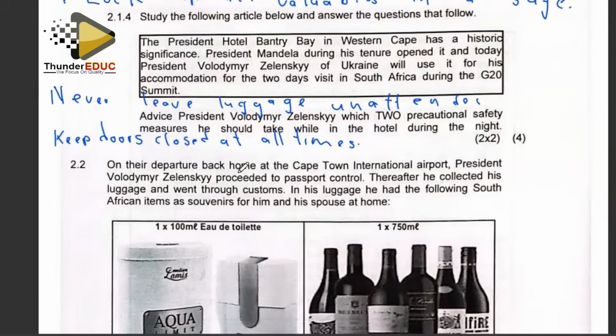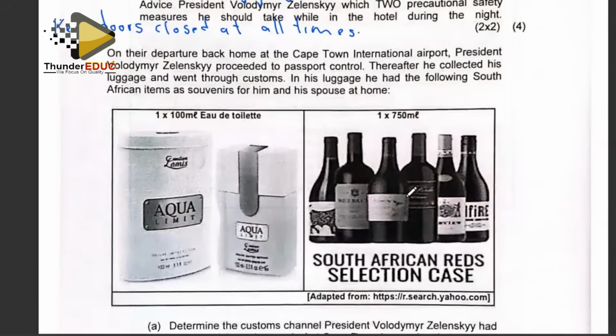On their departure back home at the Cape Town International Airport, President Zelensky proceeded to passport control. Thereafter, he collected his luggage and went through customs. In his luggage, he had the following South African items as souvenirs for him and his spouse at home. The first one is eau de toilette. Then he also had 1 times 750 ml of wine.